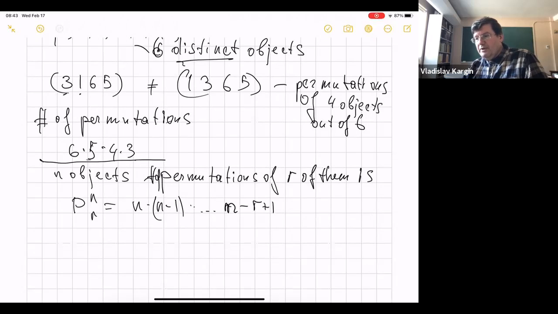In this example it would be 6 minus 4 plus 1.